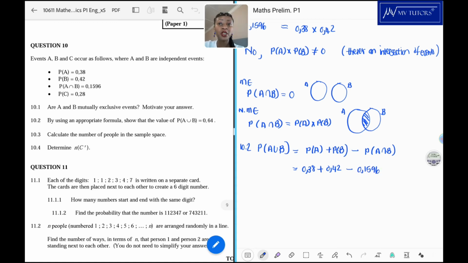If it were mutually exclusive, you would just say probability of A plus probability of B. But it's not, and we're using this formula.